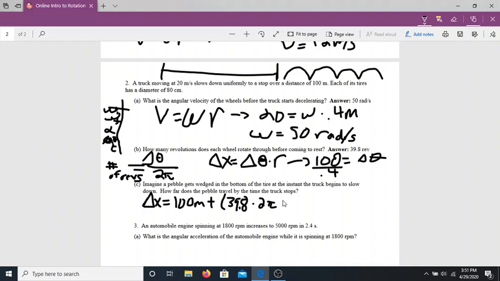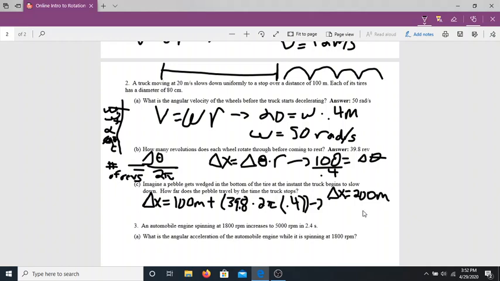So if I multiply by the total number of revolutions, I should be in business. Remember, circumference is 2 times pi times the radius. The radius here, once again, is 0.4. So if I do that, I get that the total distance this pebble traveled, if I actually measured it, would not be just 100 meters, but it would actually be about 200 meters when all was said and done.